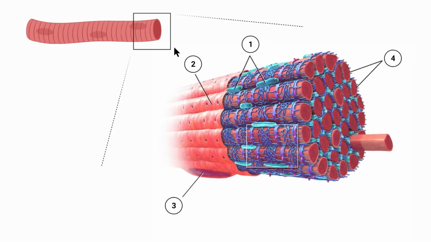So if we take a grouping of muscle cells, and then we zoom into one muscle cell, now we're down to our single muscle cell, and we were to take away the sheath that is the cell membrane around this muscle cell, we'll see that there's a ton of different components that make up that muscle cell.